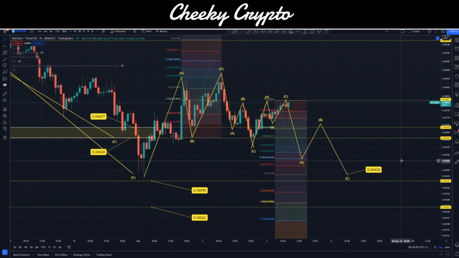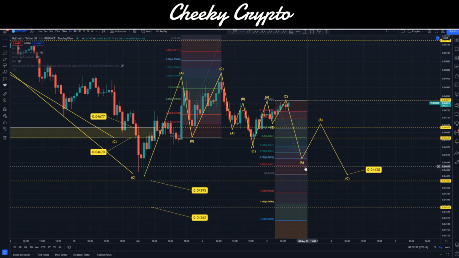It's tracking how people react to price movements using Fibonacci-based numbers and a sequence of waves. Okay, so this isn't necessarily looking at it as in you've got a cup in hand or a head and shoulders, inverse head and shoulders, or any of that stuff. What we are doing is we're tracking people's behavior inside the market. Okay, and it's really important that we understand the differences here between what we do on Cheeky Crypto channel versus maybe what you see on other influencers' channels.